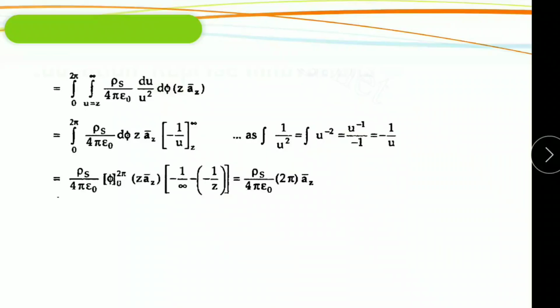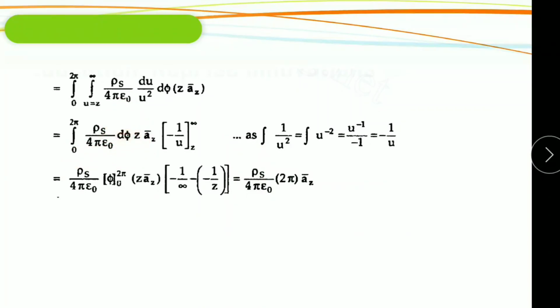And also we apply the integration for d phi.